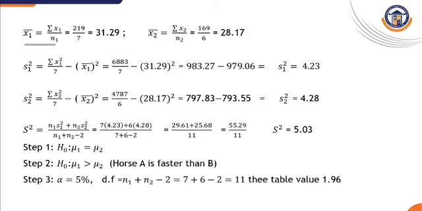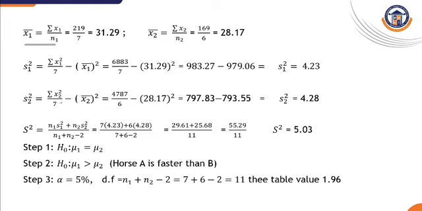We know our formula: S1 squared equals the sum of x1 squared divided by n1, minus x1 bar squared. We already determined 6883 divided by 7 minus the mean value of the first, 31.29, squared. We determined S1 squared equal to 4.23.